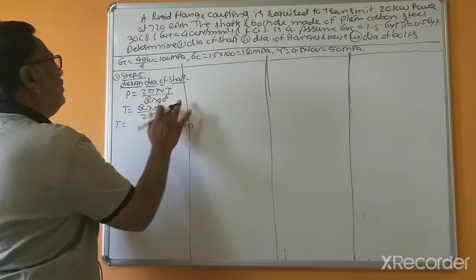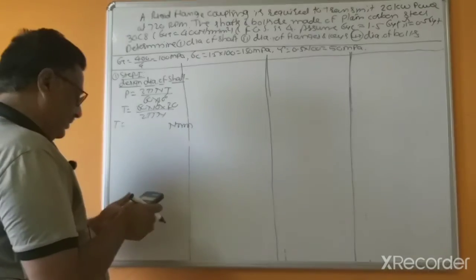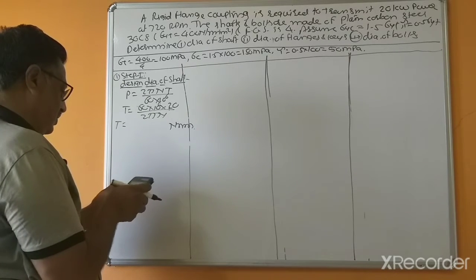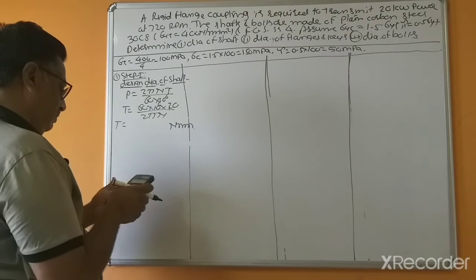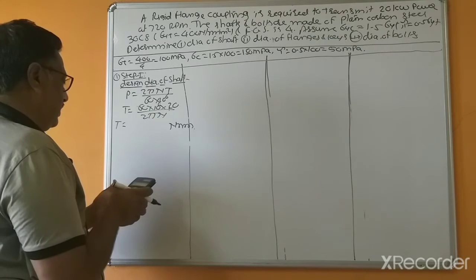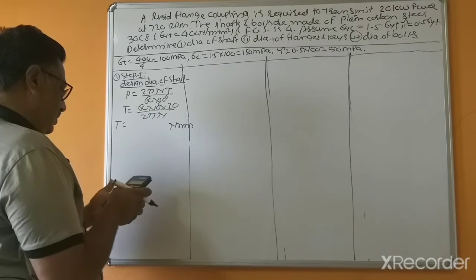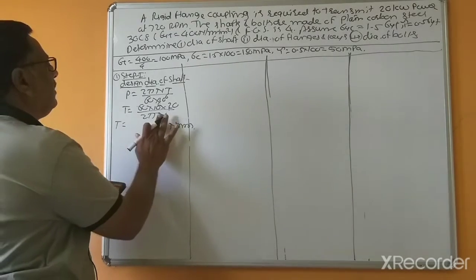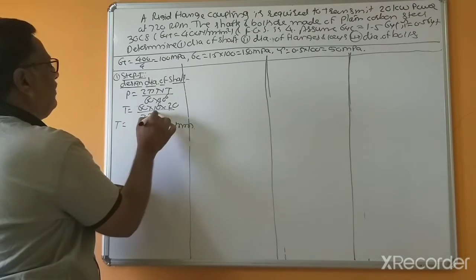P equal to 20 kilowatt: 60 into 10 to the power 6 multiplied by 20 divided by 2 pi and divided by RPM equal to 720.